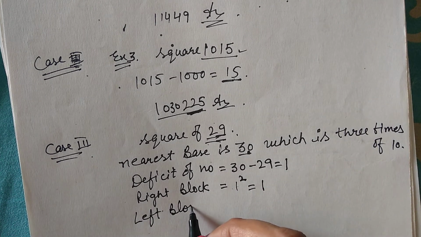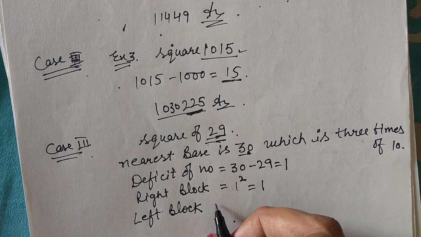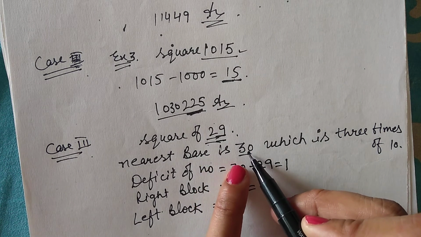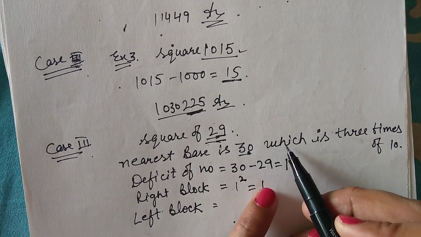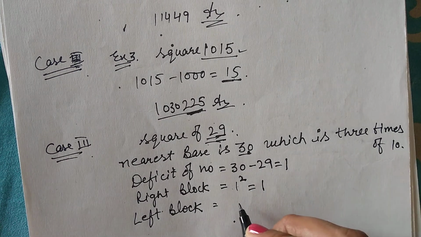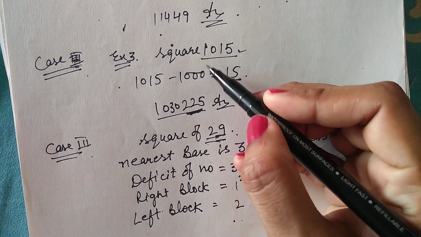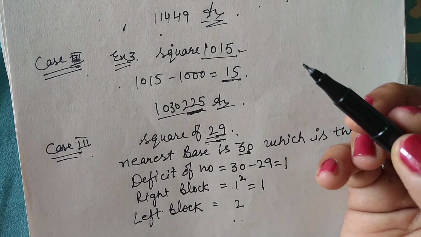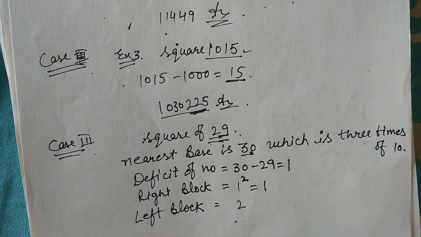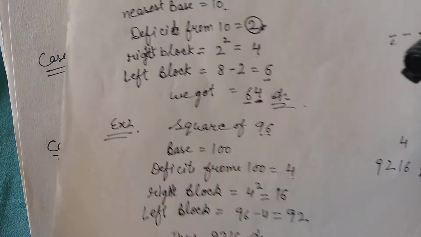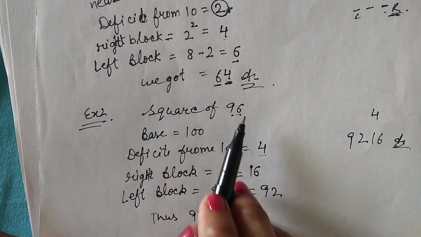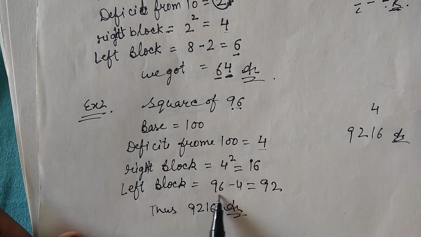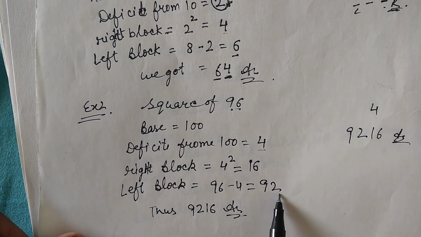And for the left block resultant, since 29 is less than 30, we take minus. If we check the last example with 15, then we add these numbers. When we took the first case, when we took 96, the deficit was 4, and for the left block we subtracted these two numbers, that is 92.